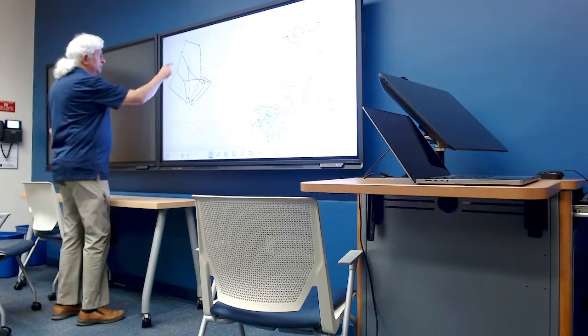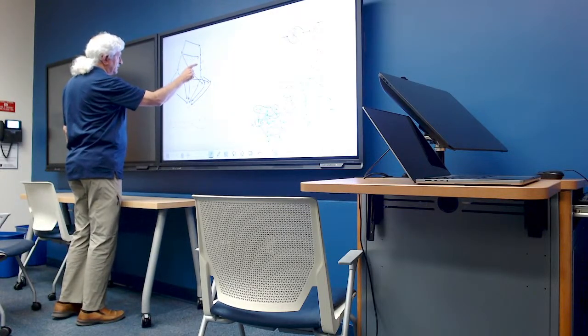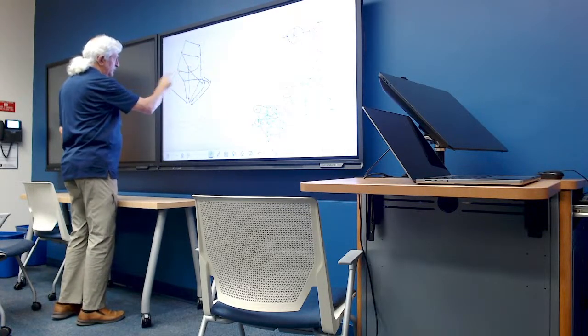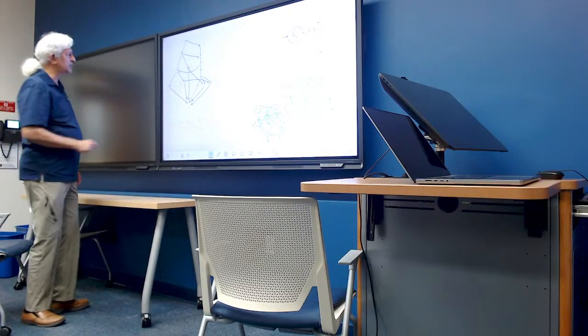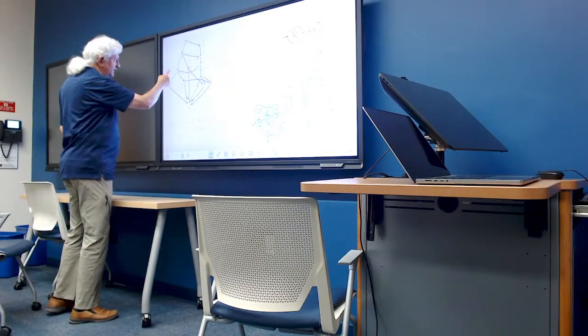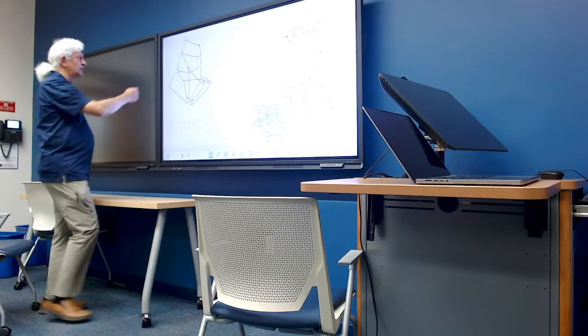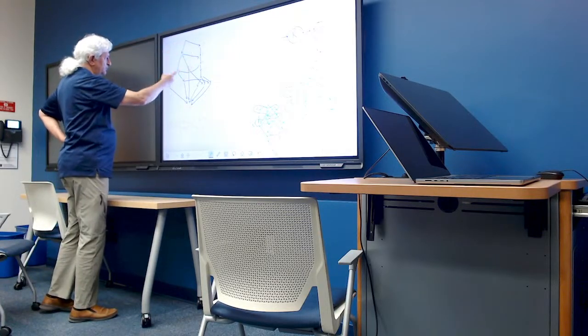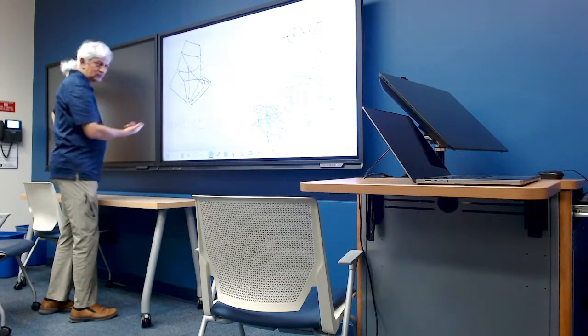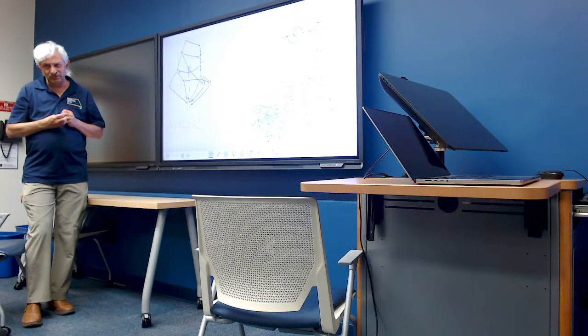I could put in 2 to 6 and then 9 to 4. Now I'll get some nasty long paths like that, right? But is it still any longer? 1, 2, 3, 4, 5, 6, 7. So it's still only 7. So it just depends on the longest path, and I think we're okay with this.